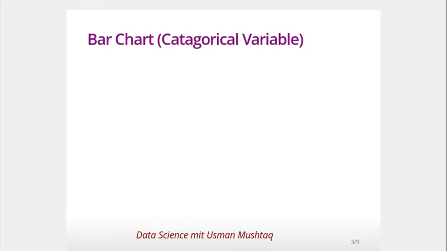In this video tutorial, I will be showing you how to generate bar charts for categorical data. If you have any column in your data frame which represents some categorical data, how can you generate the bar chart for it?